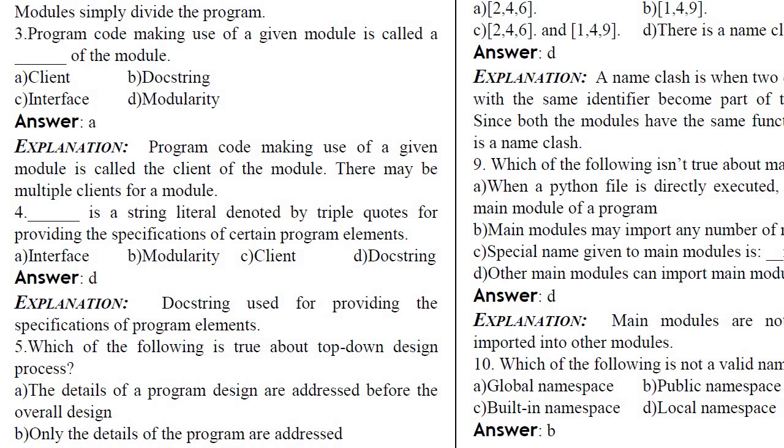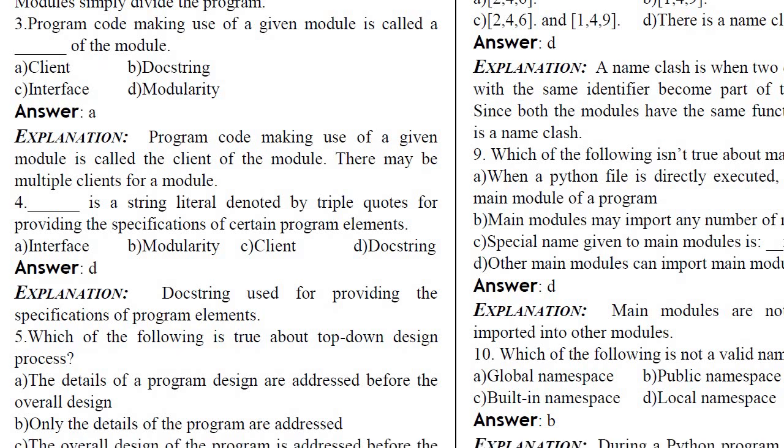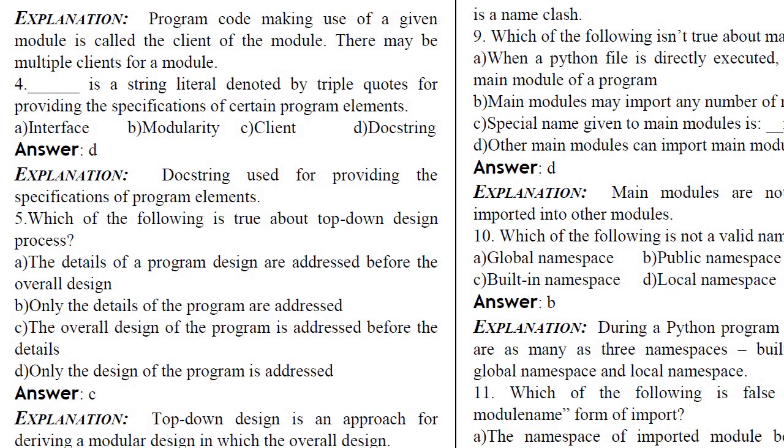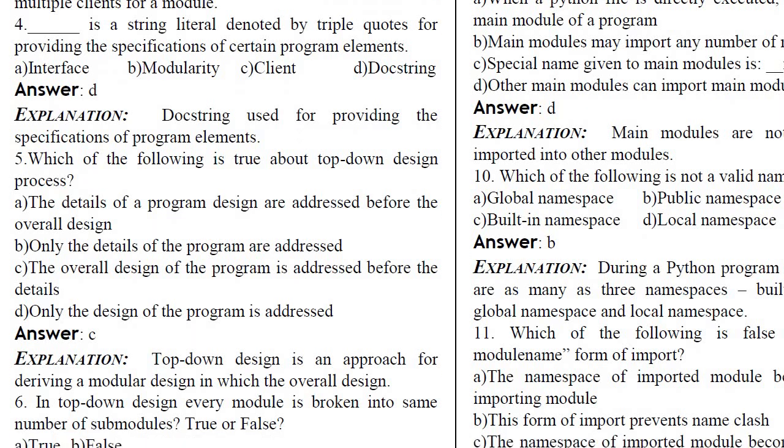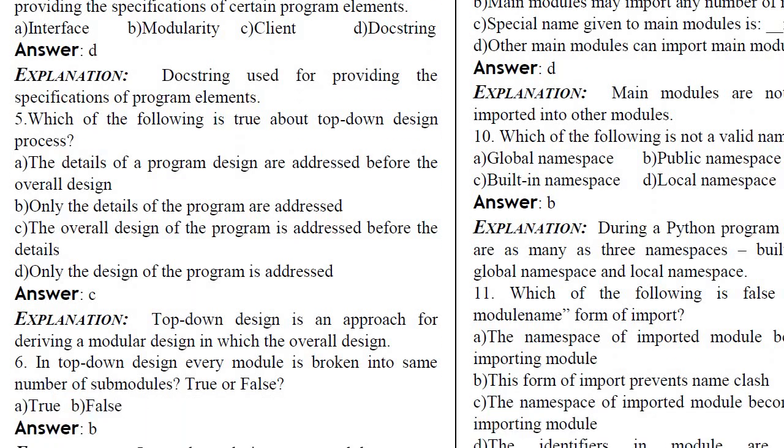Now next question: which of the following is true about the top down design process? If we talk about top down design, which process do we follow? We have to see the overall design of the program before the details.